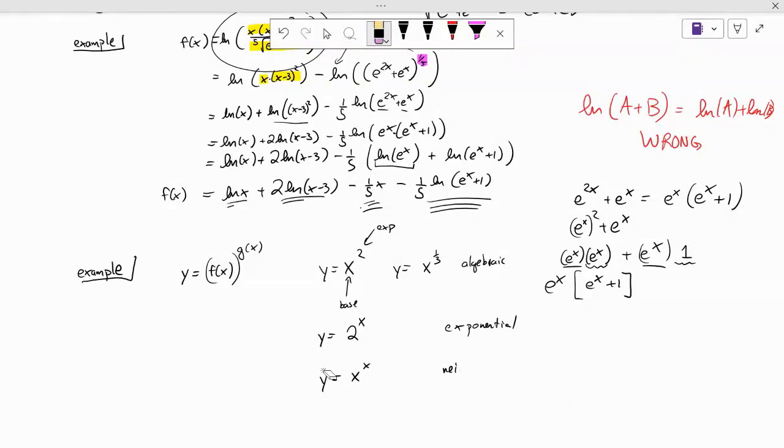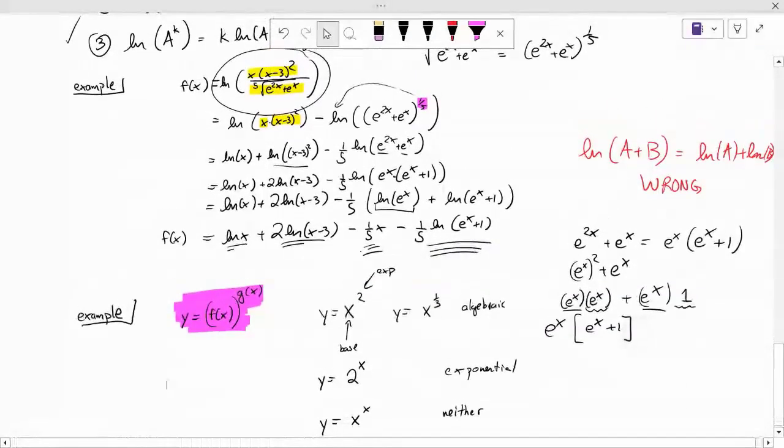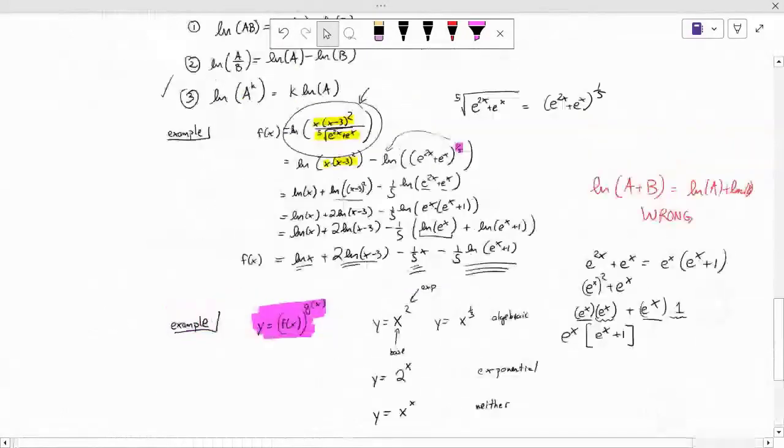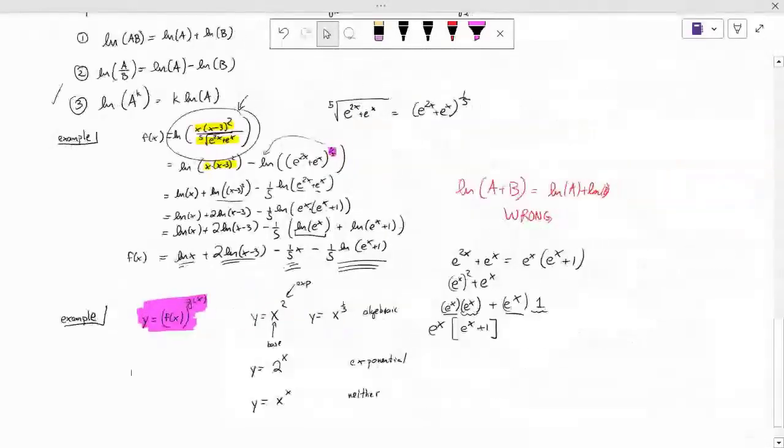So this is what I was referring to: the cases where the base and the exponent are both expressions in x. For those cases, you're going to take advantage of logs, in particular property 3.